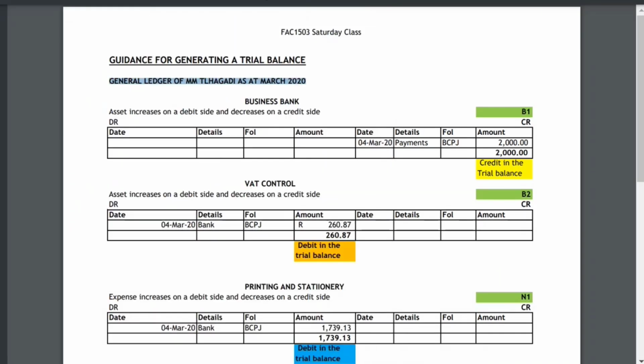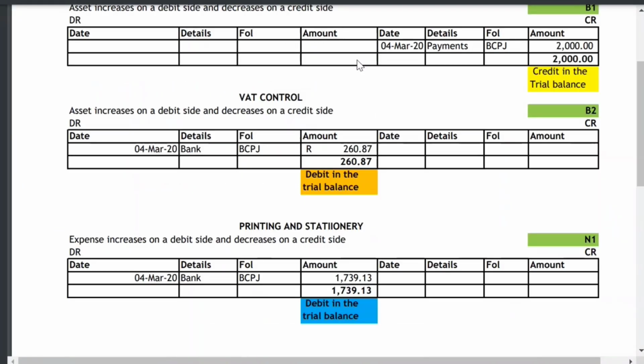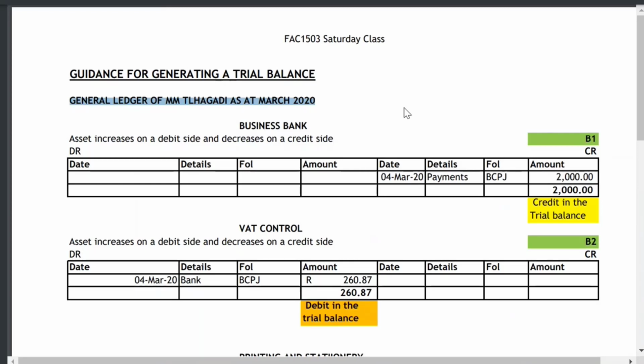So this is the step. Basically, now that you have updated your general ledger, this is how you generate your trial balance.